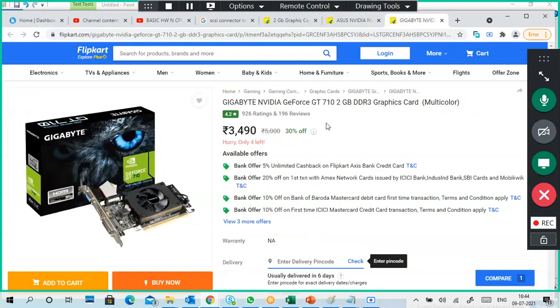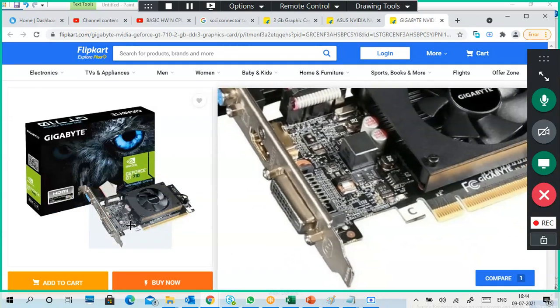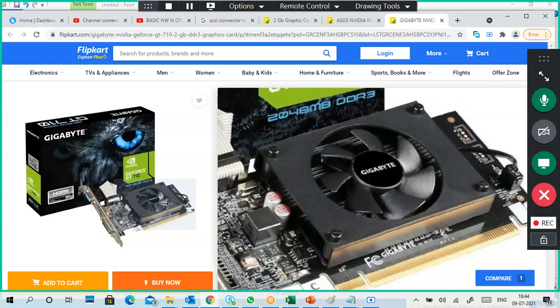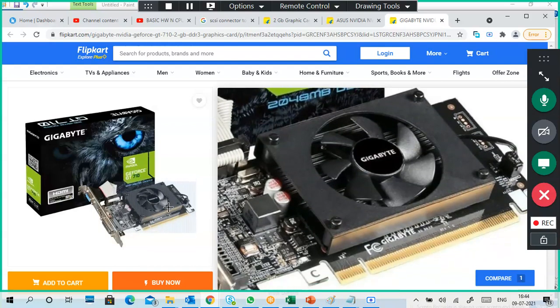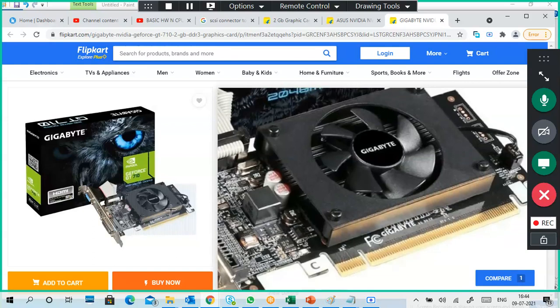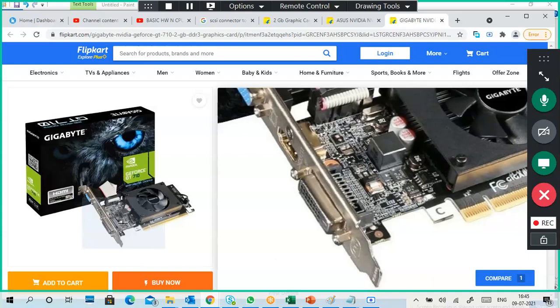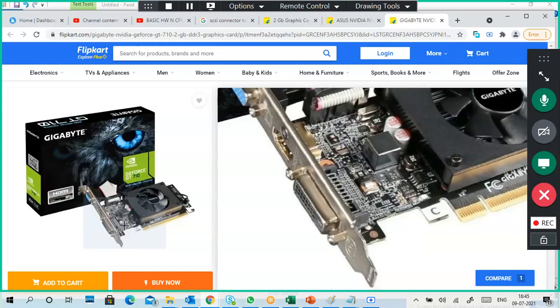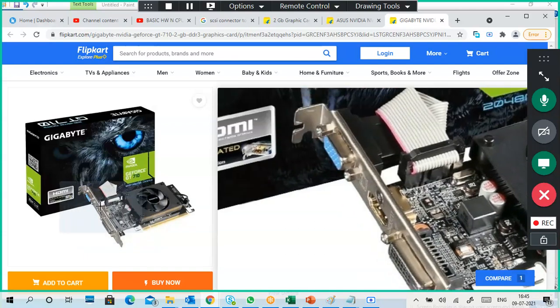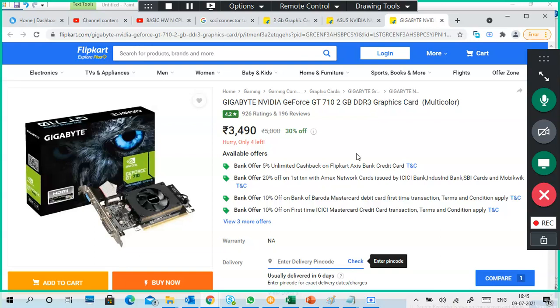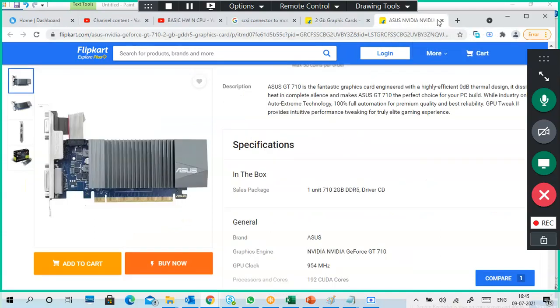So this graphic card we insert contains a processor, RAM, and other graphics related IO things, monitor connections like HDMI, VGA, and DVI. That connection is also there. Gigabyte, or if you take DDR3, was a little lesser in cost than that one.